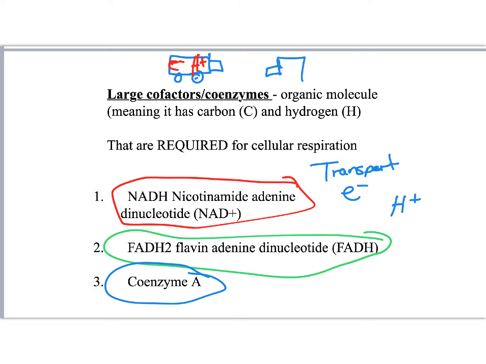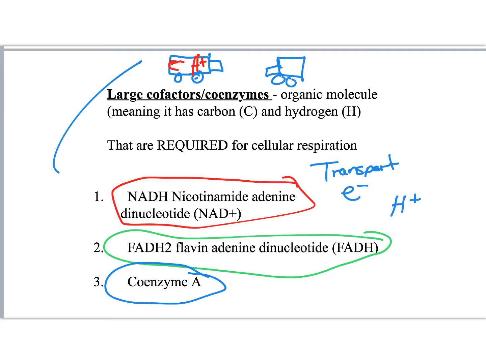I'm super sorry, but let me do my best. And sometimes after they've dropped them off, they're going to need to go pick up some more because they'll be empty. They're going to run these back and forth through different parts of the cell, and that's going to power some pretty important things, especially this one big enzyme called ATP synthetase. ATP synthetase makes the majority of the ATP that we make in the mitochondria. All right, so that's them. They're little shuttles in a way.